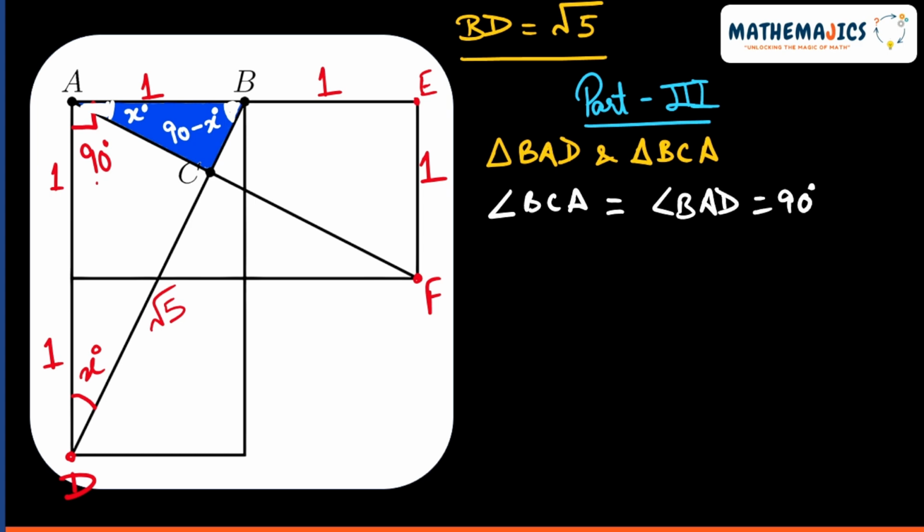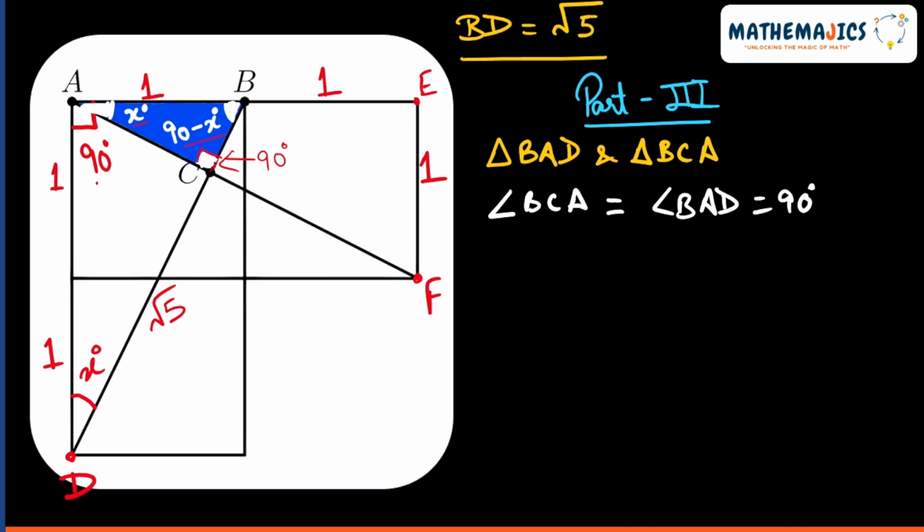Please see why angle BCA is 90. In triangle ABC, we have 90 minus x and x degrees, so this angle will definitely be 90 degrees.